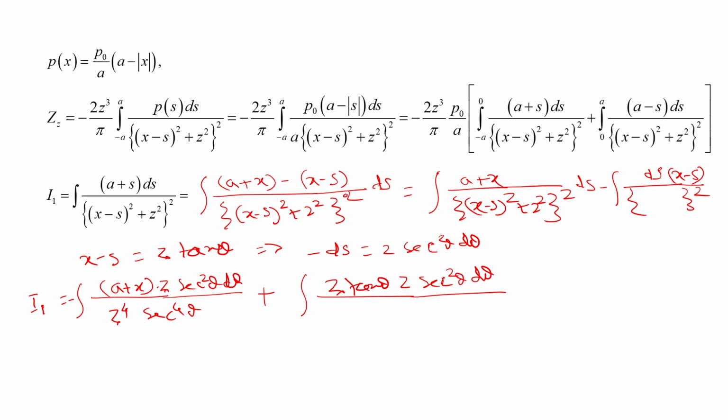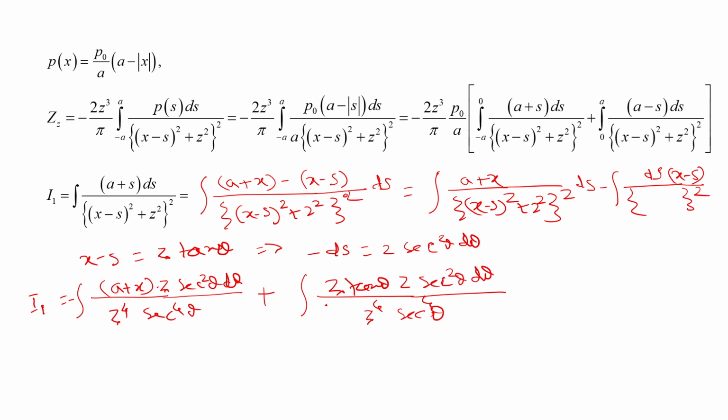So minus minus is plus over here, and this is z sec square theta d theta, and over here it will again be z to the power 4 sec to the power 4 theta, same as the denominator over here. So this is the way.